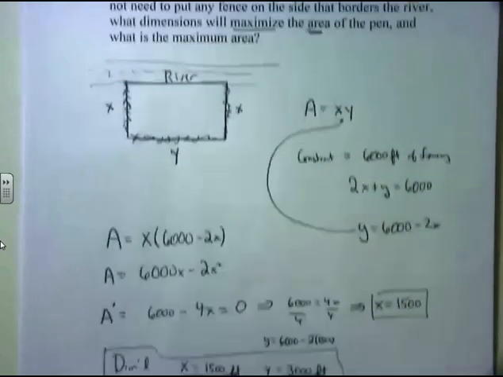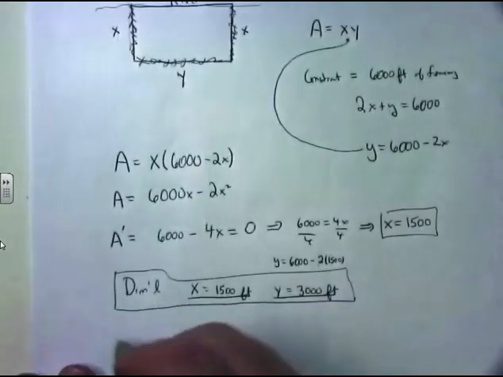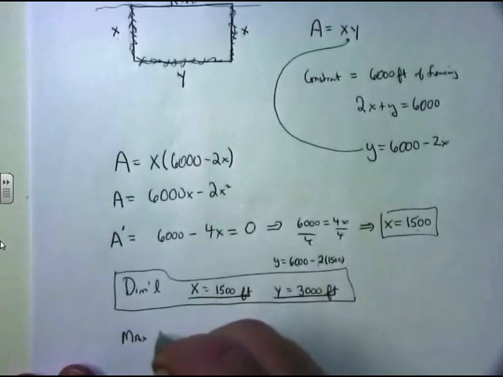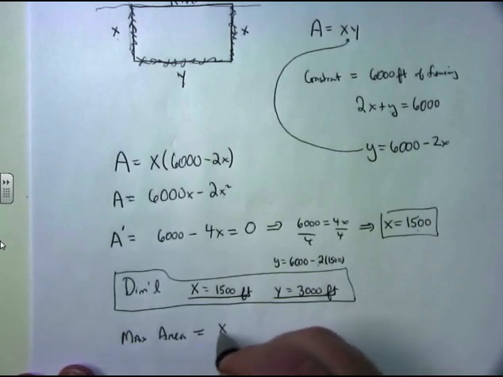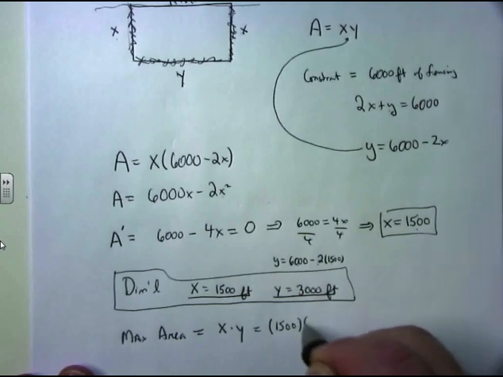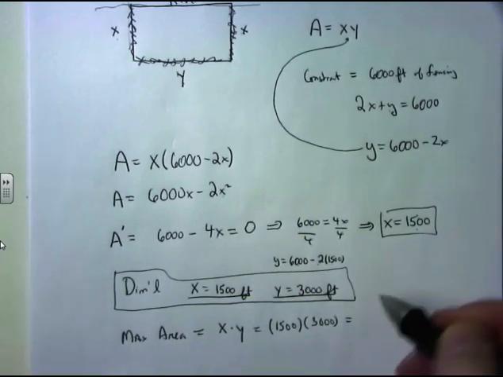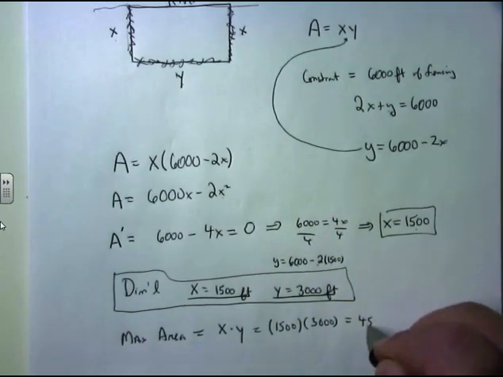Okay, but there was one more question. The other question is, what is the maximum area? For the max area, you can go back to the original area equation, which was X times Y, and plug it in. That'll be 1,500 times 3,000. And 1,500 times 3,000 is 4,500,000.